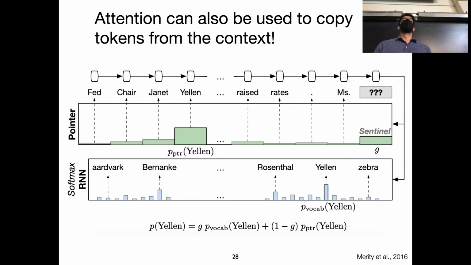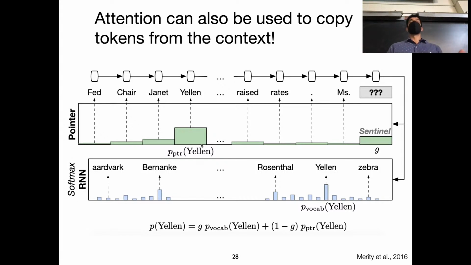So essentially I take a 10,000 dimensional vector, where each dimension corresponds to every word type in my vocabulary. Then I look at this attention distribution, and for each position I see, okay, there's some weight on fed. Let me add this weight to the position of fed in my new blank 10,000 dimensional vector.